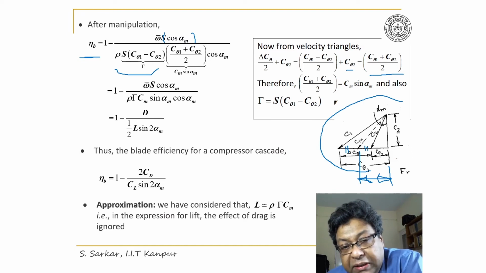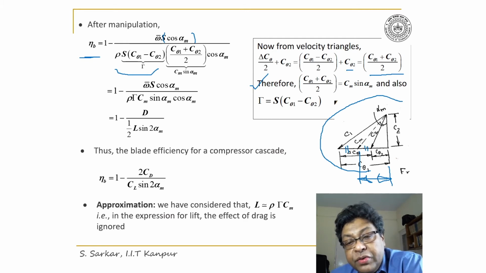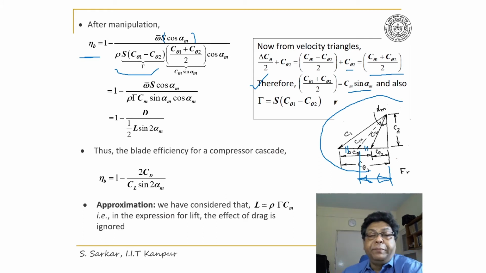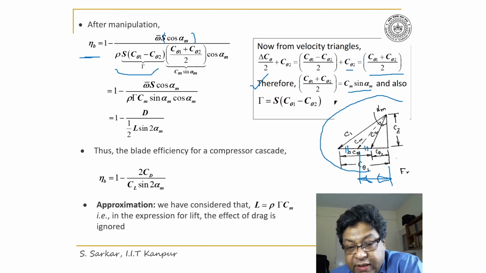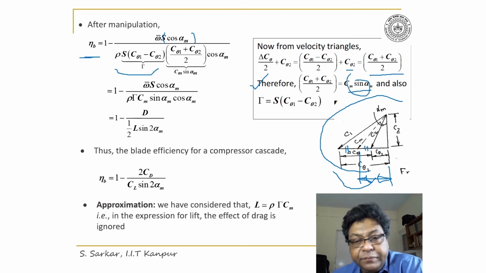So therefore, C theta 1 plus C theta 2 divided by 2 is equal to Cm into sine alpha m. So this length will be equal to Cm into sine alpha m, right?